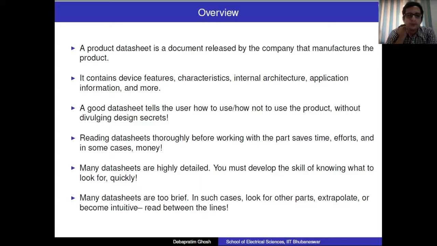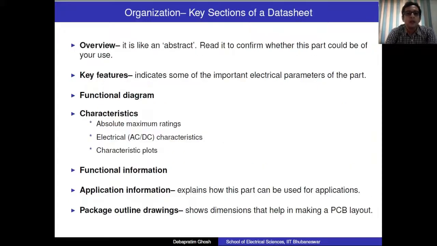Then again, many companies are not very good in that way. They give data sheets which are really brief. They do not give too much information, maybe just the bare minimum. In such cases, if you are not very confident, you should look for other parts to do the same task, or you should learn to read between the lines and develop confidence.